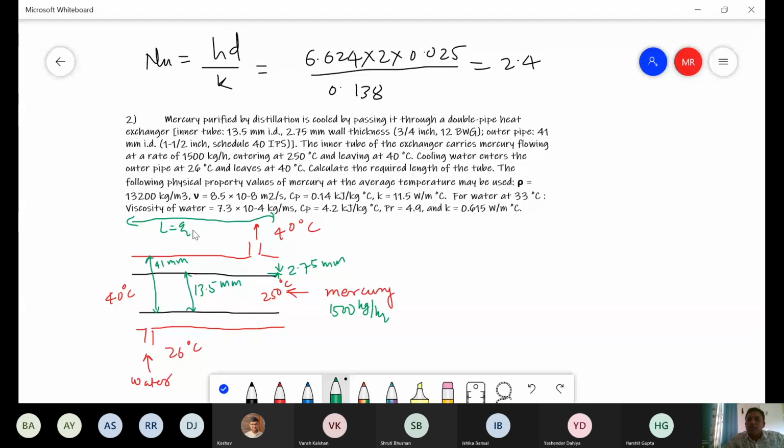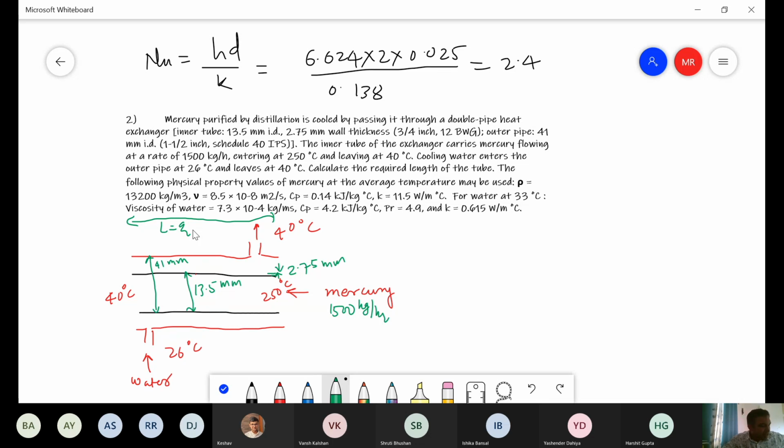So let us find out the Reynolds number for the flow through the inner pipe, and also the Reynolds number for the flow through the annular region. For the Reynolds number, what we require is d V rho by mu, isn't it? Mu is already given. The diameters of both the annular region as well as the inner pipe are also known, but the velocity is not known.